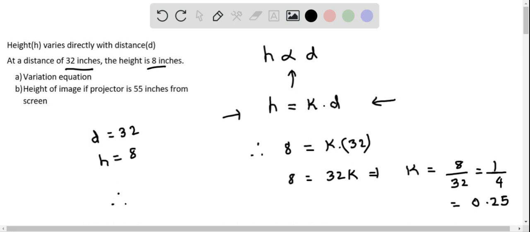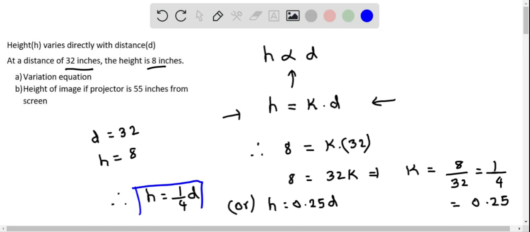Therefore the variation equation becomes h equals 1/4 of the distance d, or it can also be written as h equals 0.25d. So this is the variation equation, either using fractions or using decimals. And this answers part A.